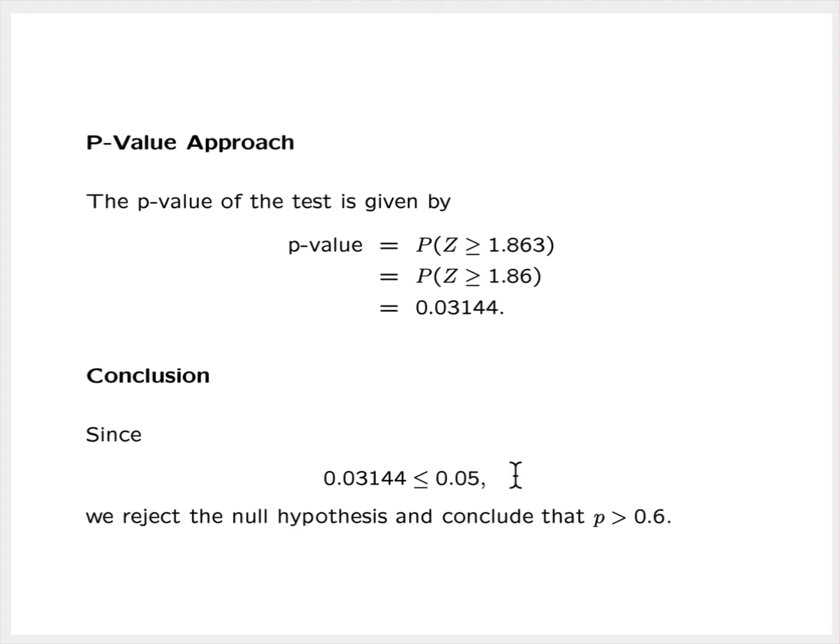And because that value is less than or equal to 0.05, we would reject the null hypothesis and conclude that p is greater. And again, when we say p, this is the population proportion. We're concluding that the population proportion is greater than 0.6.